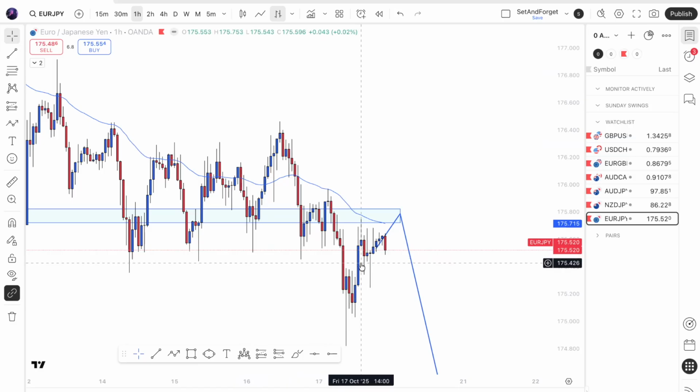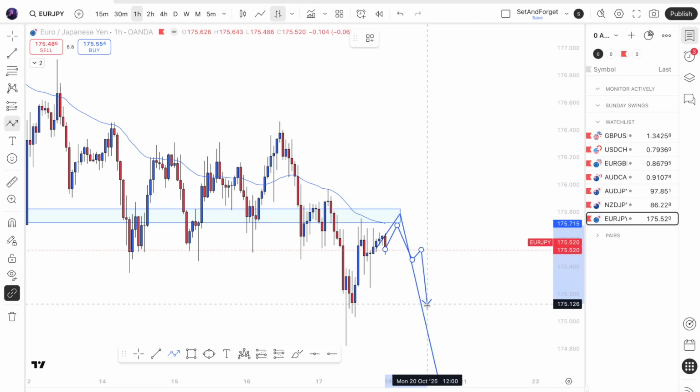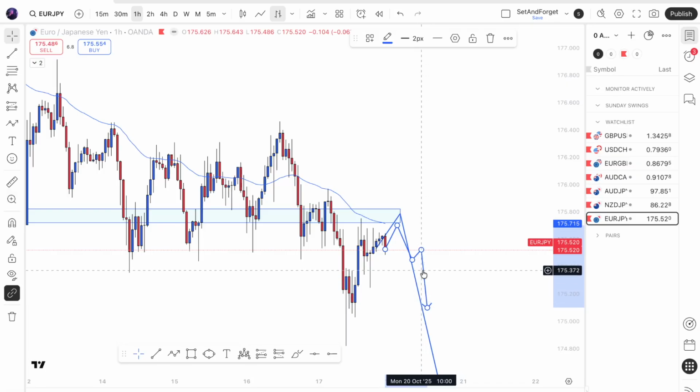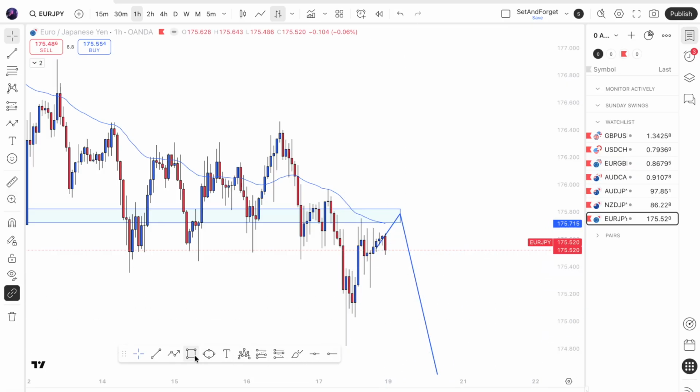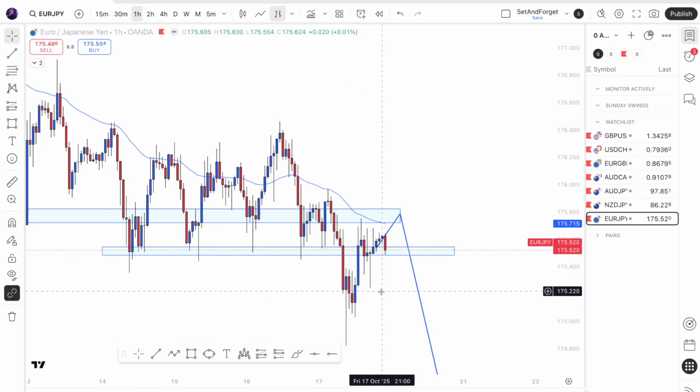So now I would like a little move to the upside for the weekly, daily wick, and then break below this point, and then sells to the downside. Yeah, something like this.